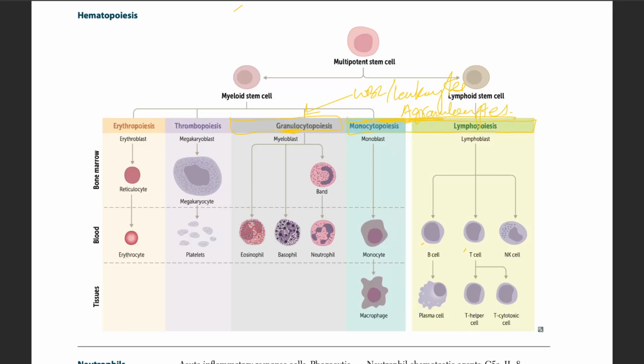Remember the macrophages are agranulocytes. In the granulocytes, we have the eosinophils, the basophils, the neutrophils, the mast cells. And in the agranulocytes, we have the macrophages, the B, T, and NK cells.